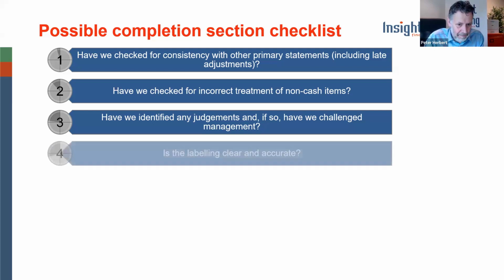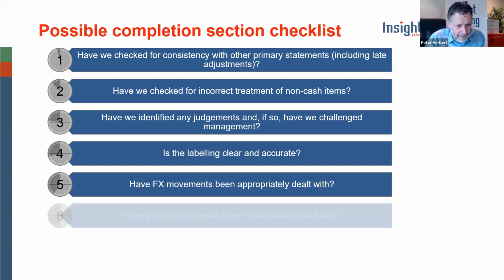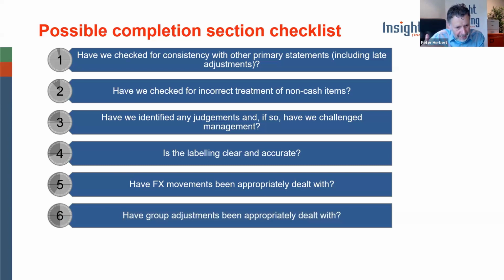We talked about the importance of clear and accurate labeling. We talked about the importance of making sure that FX movements have been appropriately dealt with. The one example I've mentioned there is where you've got FX denominated current accounts that form part of cash and cash equivalents. Have we thought about appropriate treatment in relation to group adjustments?